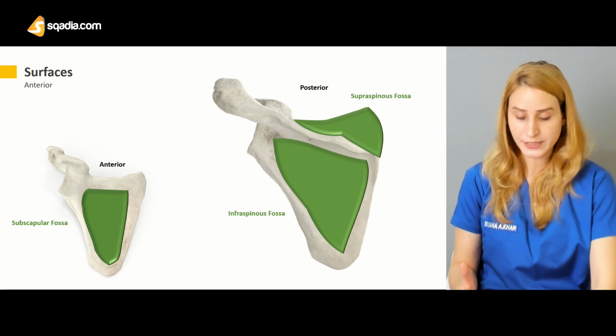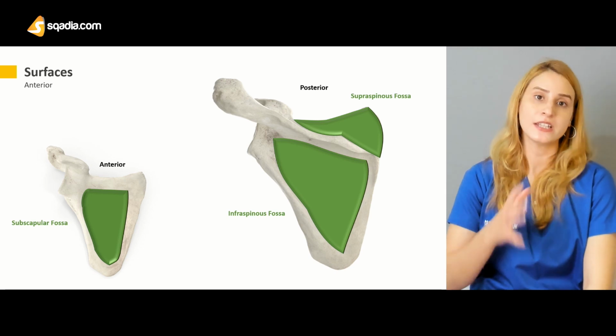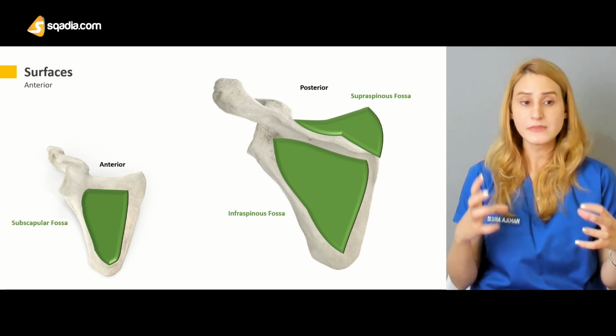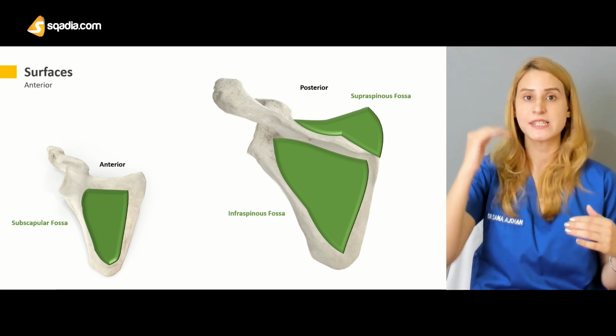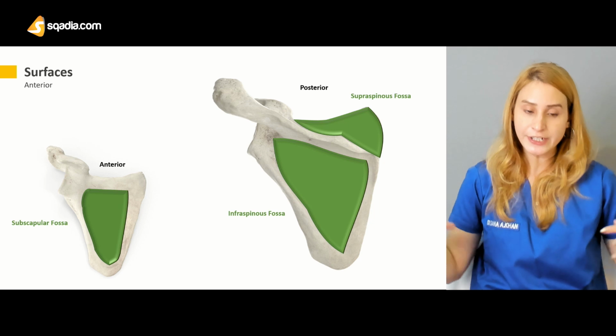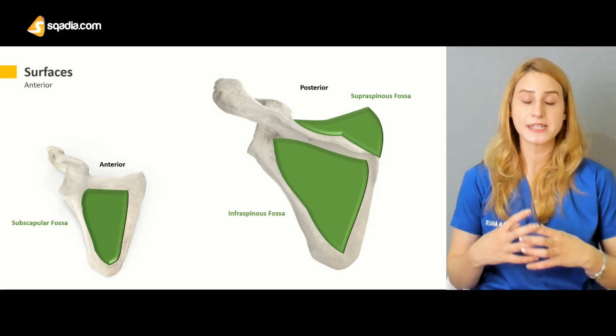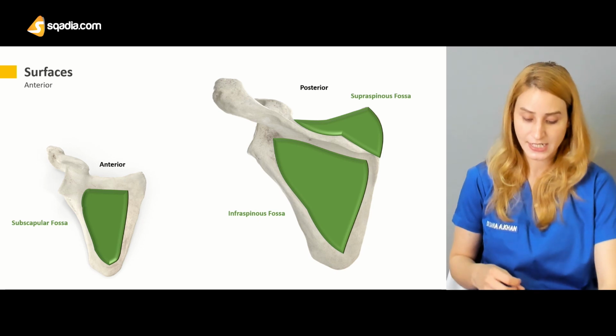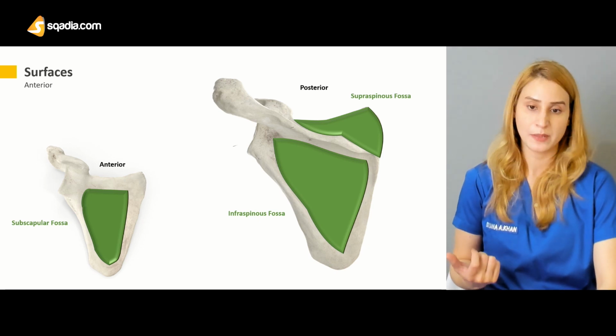Remember, the scapula extends from the second to the seventh rib. The inferior angle and the spine of the scapula are the two parts which can be palpated individually by a person.